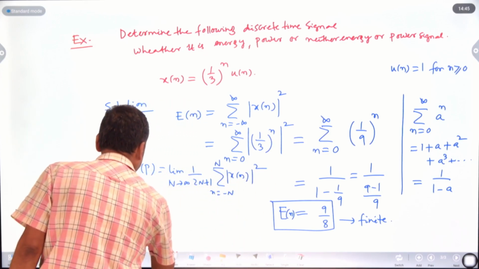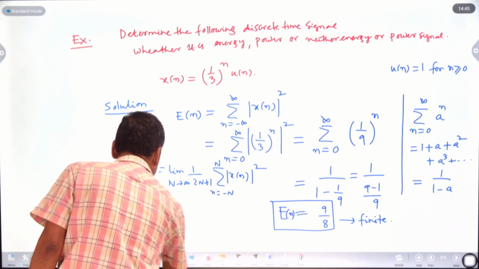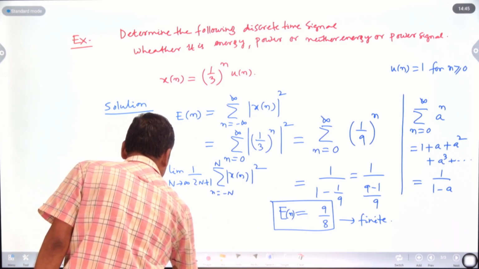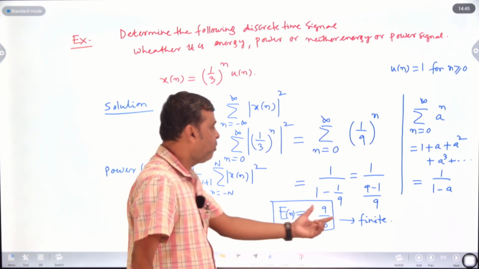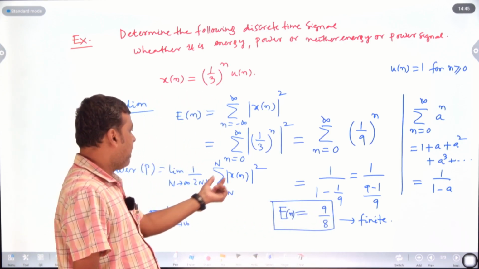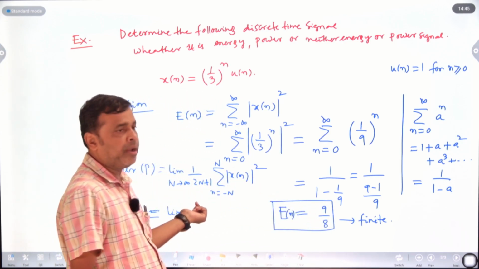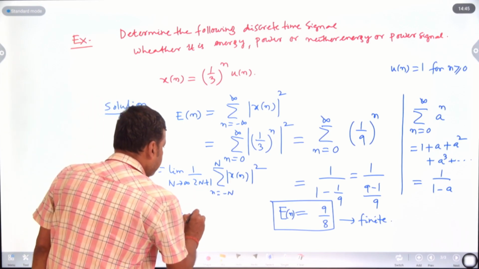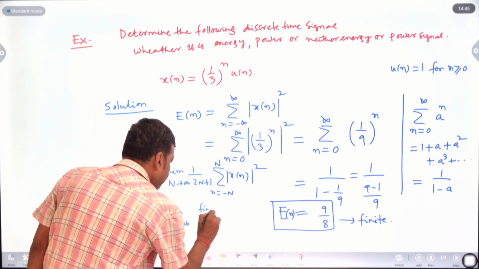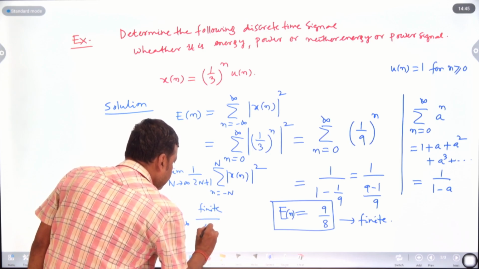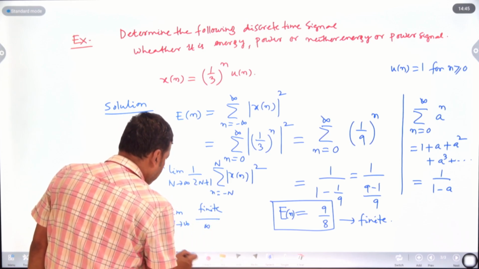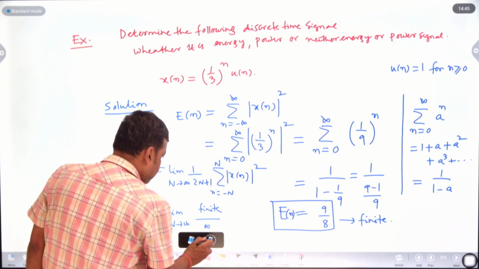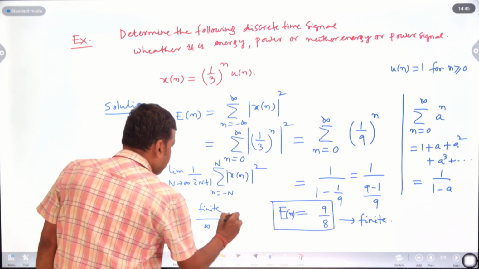And this value is nothing but the limit as n tends to infinity of some finite value, 9 by 8, by infinity. Some finite by infinity, and the value becomes 0, and the signal is called what?